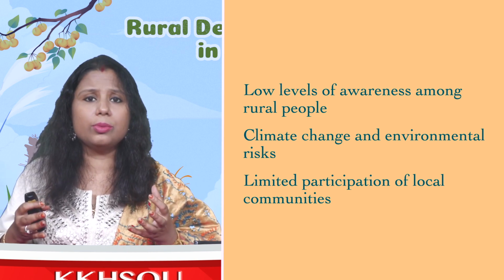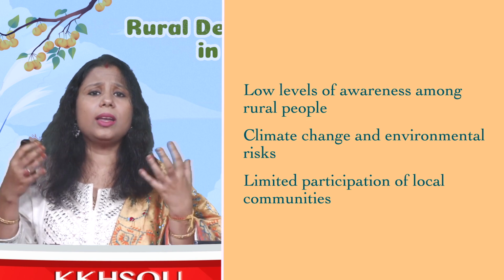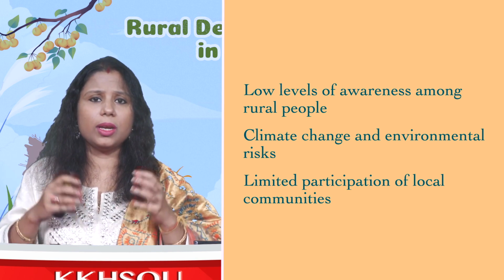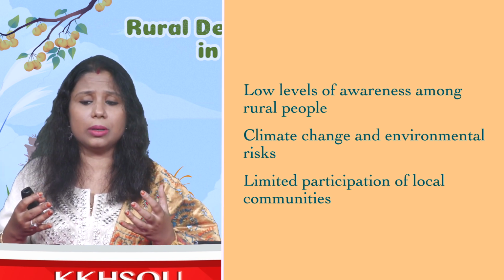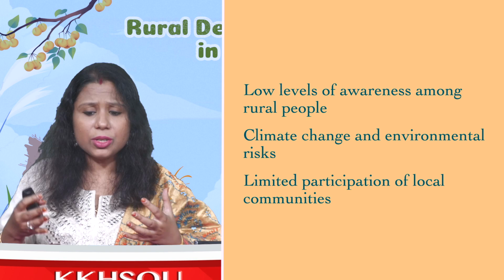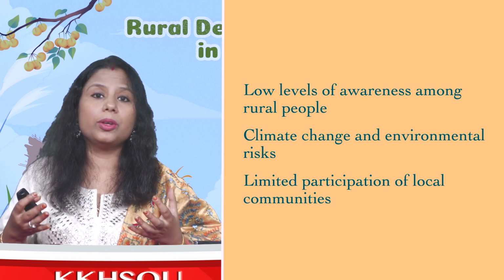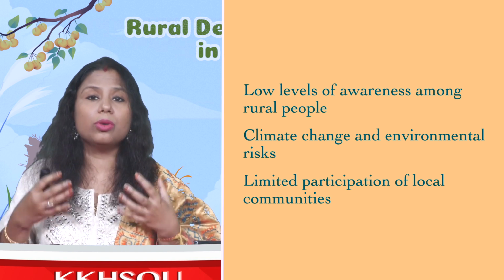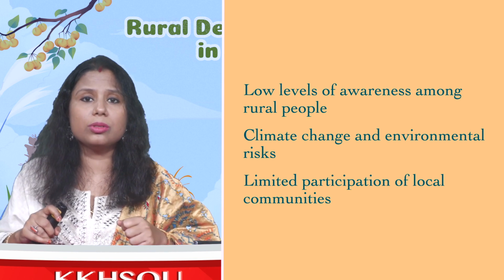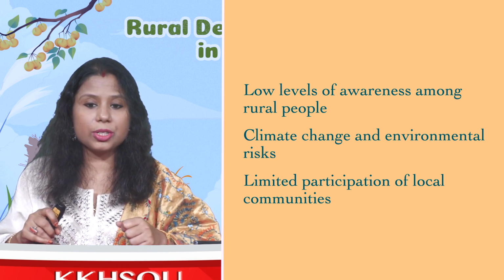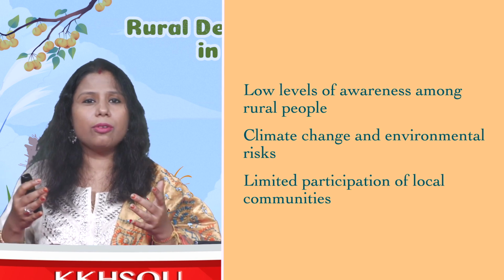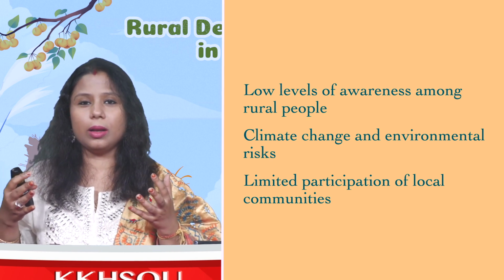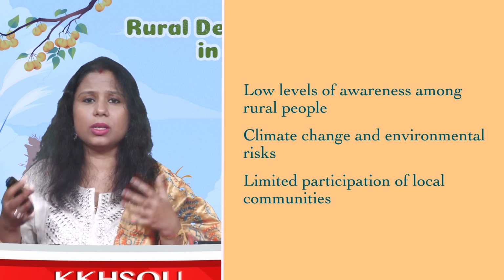Then, dear learners, we know the kind of challenge that climate change has brought about across the entire globe. Climate change has brought tremendous challenges for the rural population as well, because they largely depend on the monsoons for their agricultural production. And now we see erratic rainfall, uncertain climatic conditions, and droughts here and there.